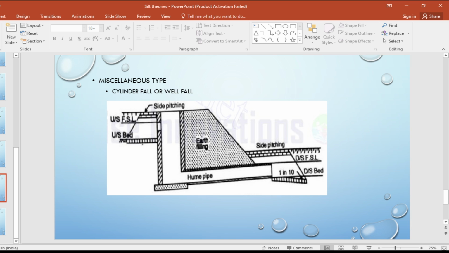Where the drop is high and the discharge is low, we can use this well fall or cylindrical fall. Also they are used at tail escapes of small channels. Because these are in the form of wells, even if the drop is high but the discharge is low, we can dissipate the energy at the well itself. So it is suitable for high drop and low discharges.